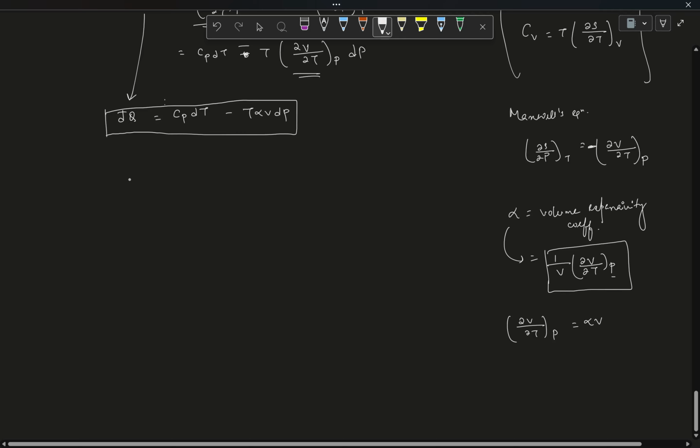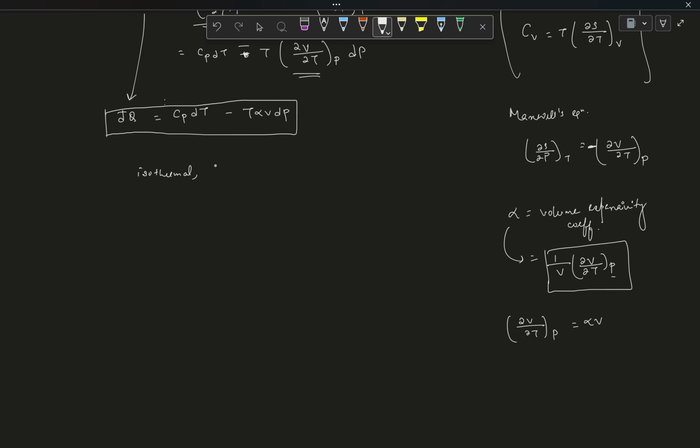Right. So if that is the case, now let us put the different terms together so that we can finally calculate dq. First of all, it is mentioned in the question that the process is an isothermal process, so dT is equal to 0 obviously, and the first term becomes 0. So you are only left with this term, and it is mentioned in the question that T is equal to 0 degree centigrade, which is basically 273 Kelvin.